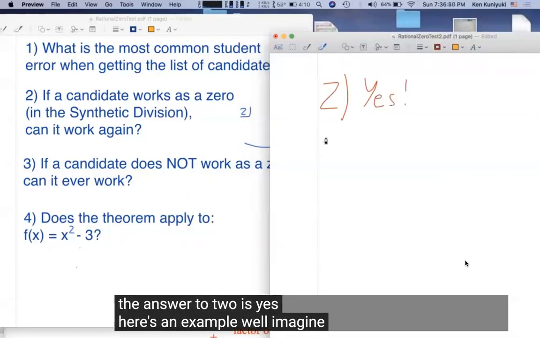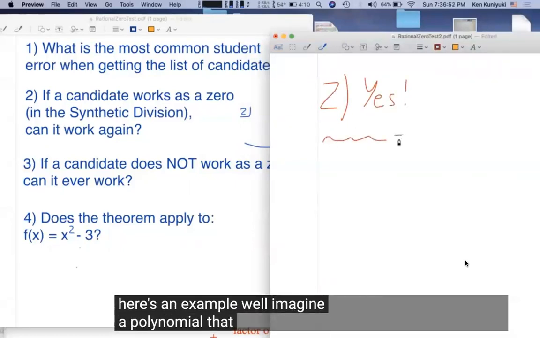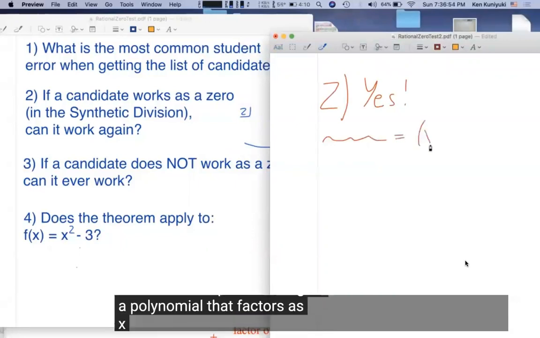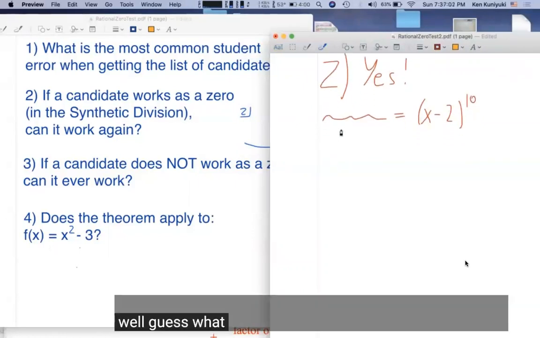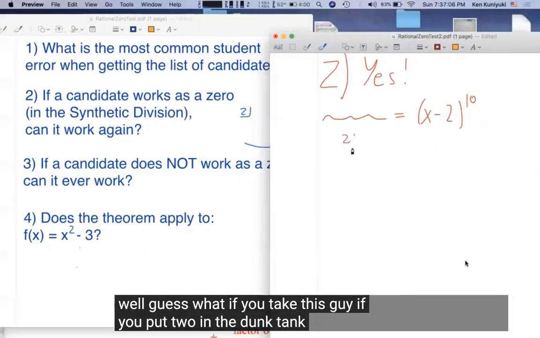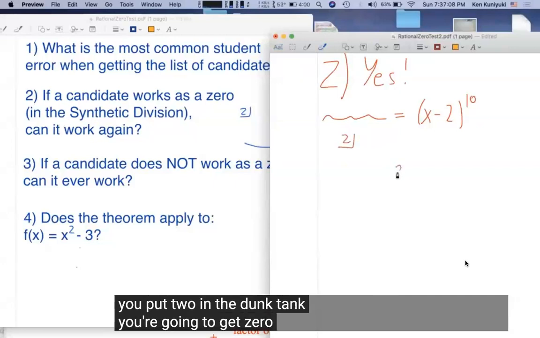Well, imagine a polynomial that factors as x minus 2 all to the 10th. Well, guess what? If you put 2 in the dunk tank, you're going to get 0 as the remainder, so it works out.